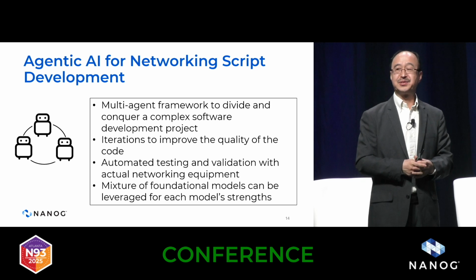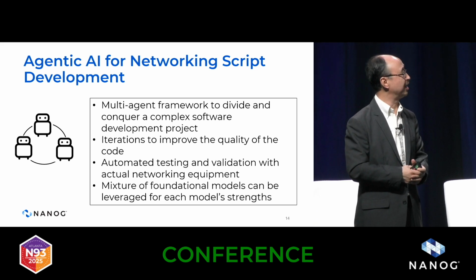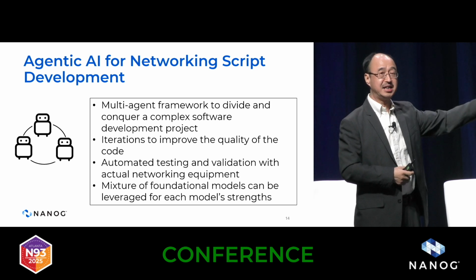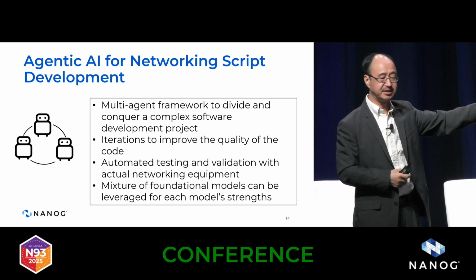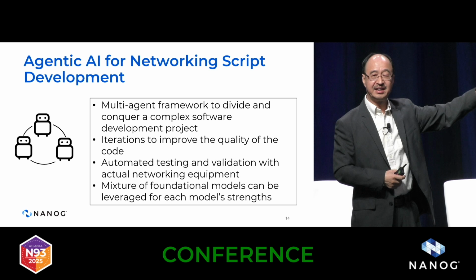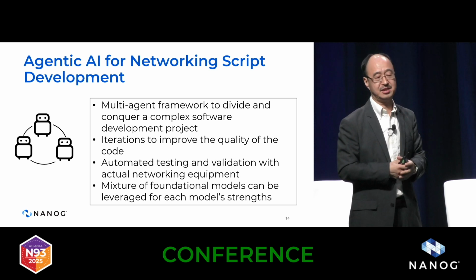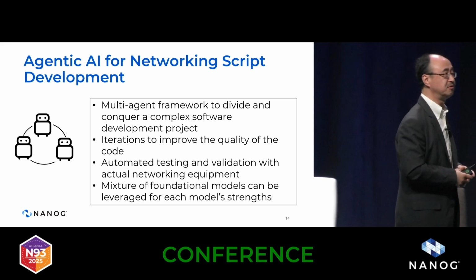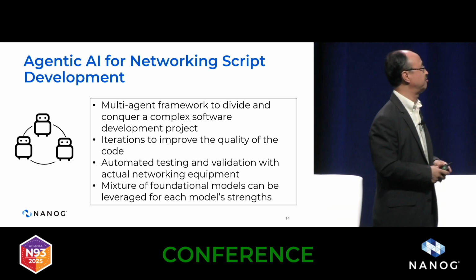When it comes back to networking script development, let's just summarize what it is. Agentic AI is a multi-agent framework. Typically it's multi-agent, not just one agent, with multiple agents working together, divide and conquer a complex software development project. They use iterations to improve the quality of the code that it generates.